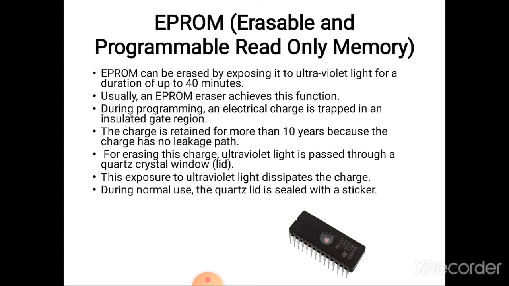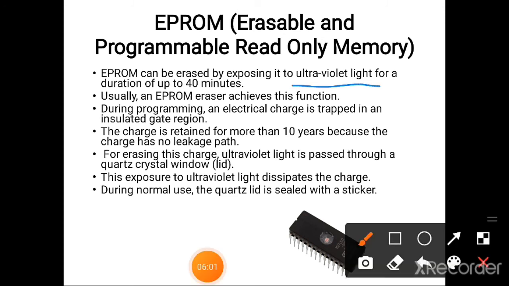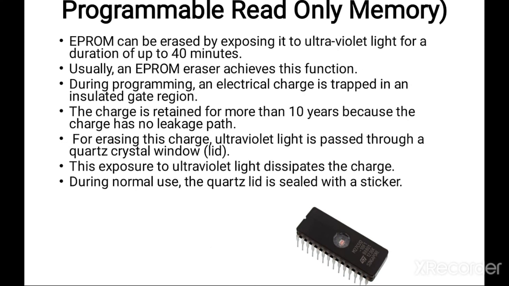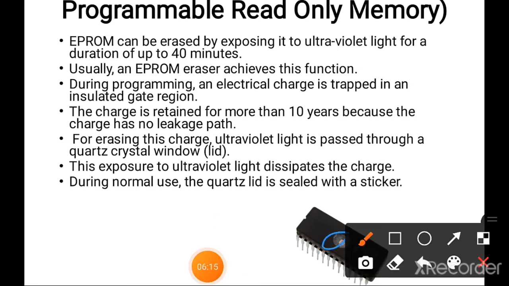This EPROM can be erased by exposing it to ultraviolet light for a duration of up to 40 minutes. This is an example of an EPROM. Here there is a quartz window. Passing ultraviolet light through the quartz dissipates the charges. In normal use, this quartz lid is sealed with a sticker.